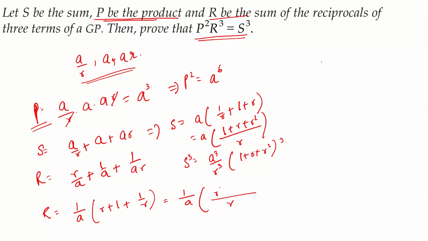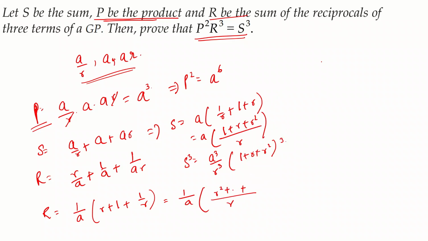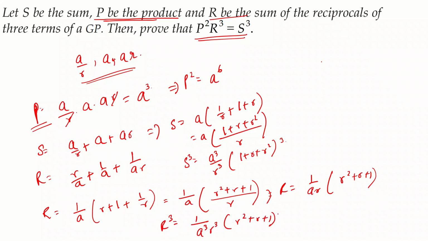So we get R square plus R plus 1, so I can write R as 1 by A into R square plus R plus 1 over R. So what is R cubed? So R cubed is equal to 1 by A cube R cube into R square plus R plus 1 the whole cubed.